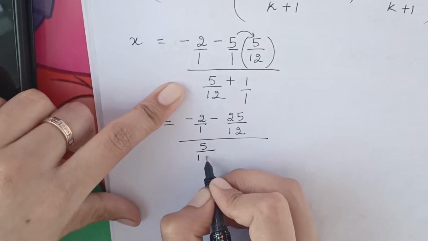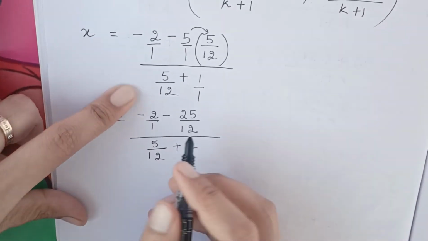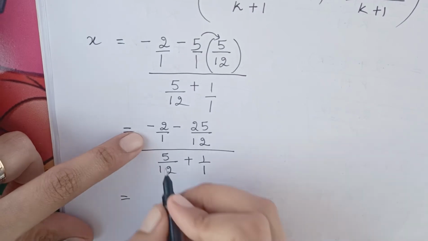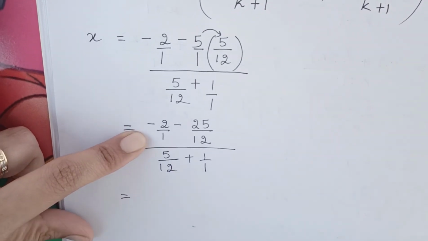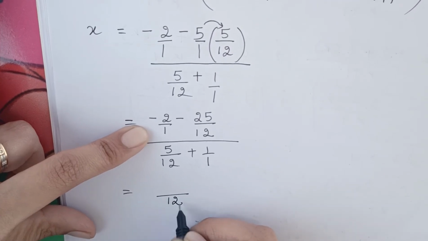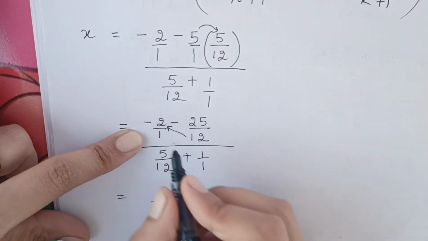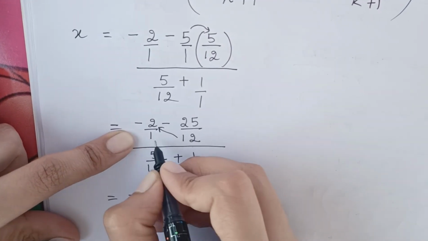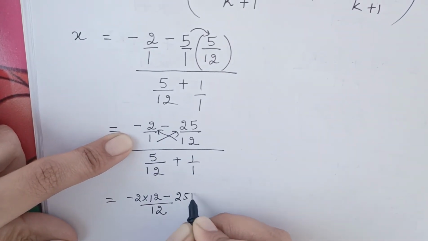Below, we have 5 by 12 plus 1 by 1. So here one fraction I have, there one fraction I have, so we can take LCM and solve the fractions individually. The LCM of the first fraction is 12, so minus 2 into 12 minus 25 into 1.